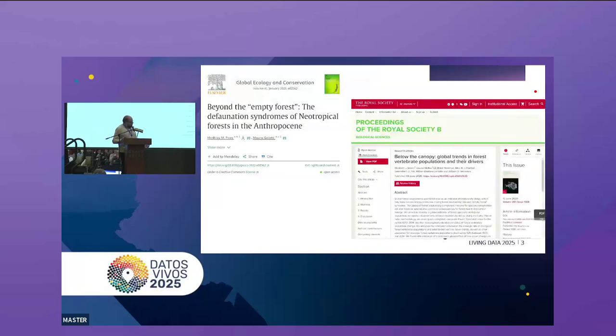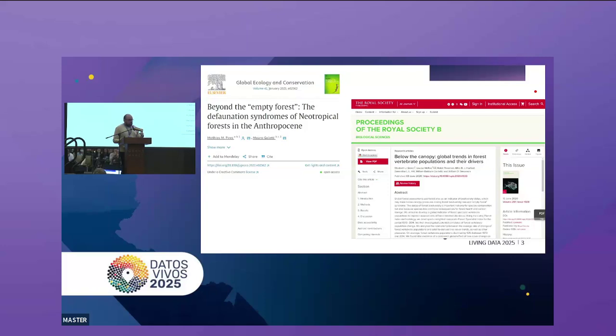This is important because not all the interventions that human activities can generate are at the level of the canopy, but there are many interventions that can occur below the canopy.